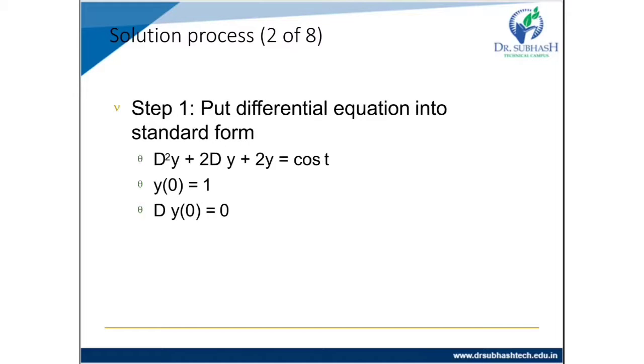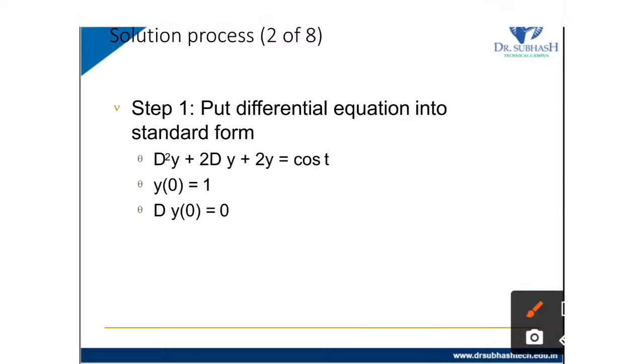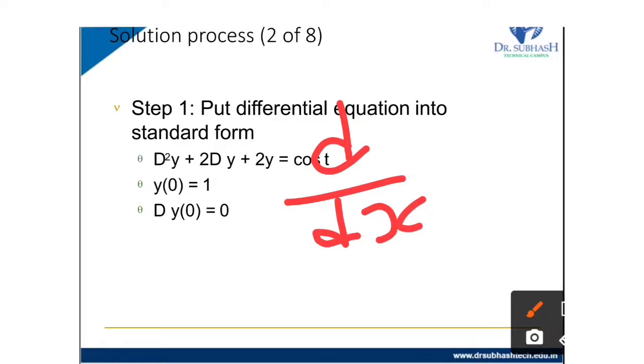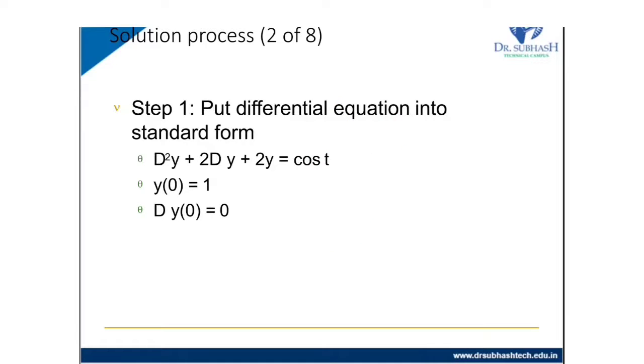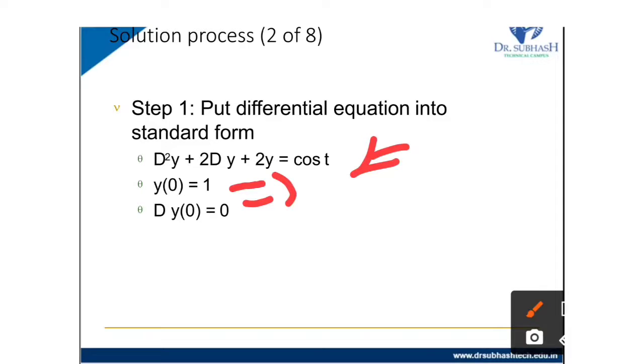So if it is d square y, whenever we get d by dx or d by dt term, we will put it equal to capital D. So it is d square y plus 2 dy plus 2y equal to cos t, and y of 0 equal to, it will be given, here just as an example, 1, dy of 0, the first derivative, equal to 0, so these initial values will be given.